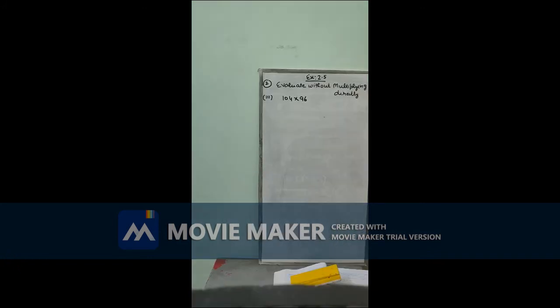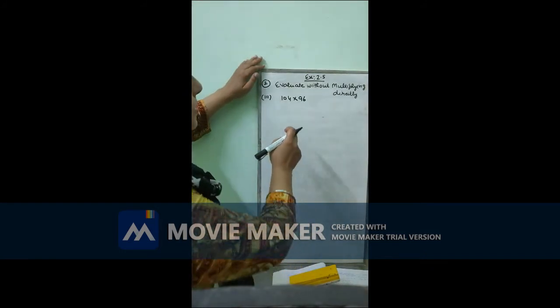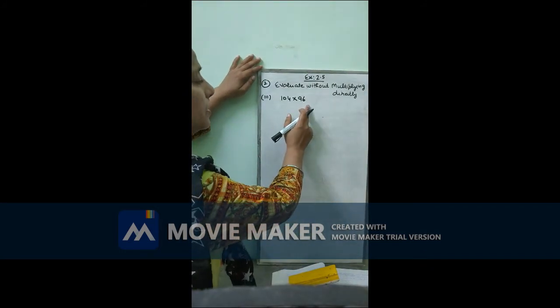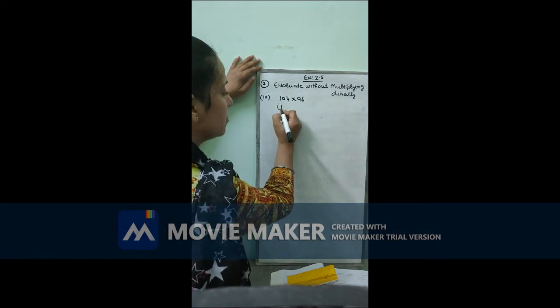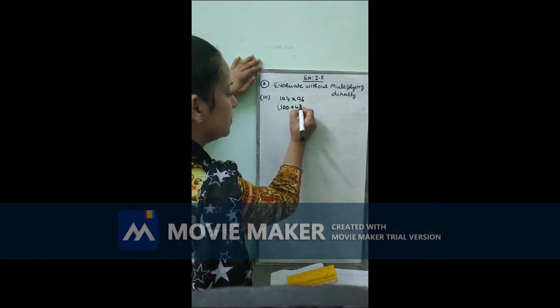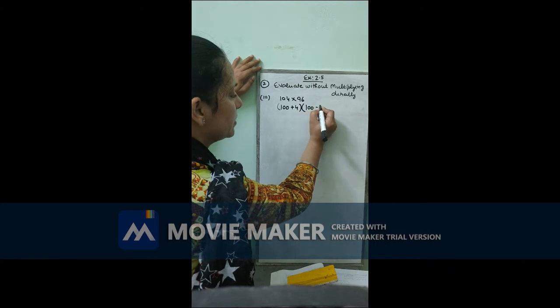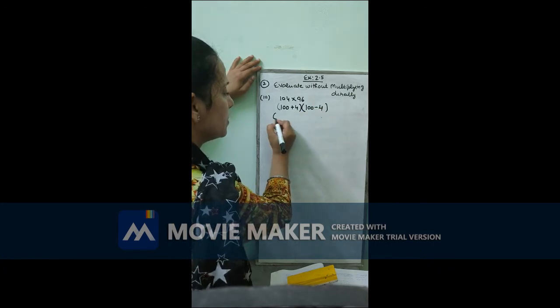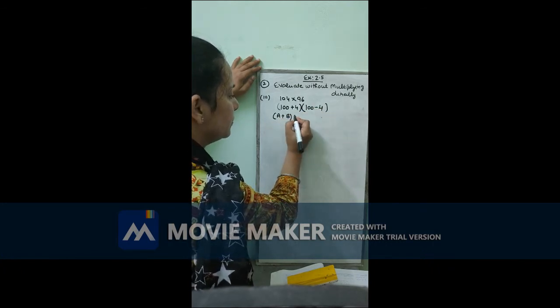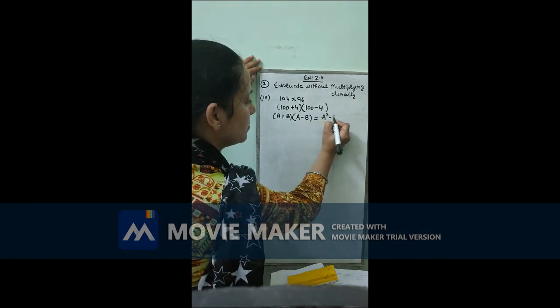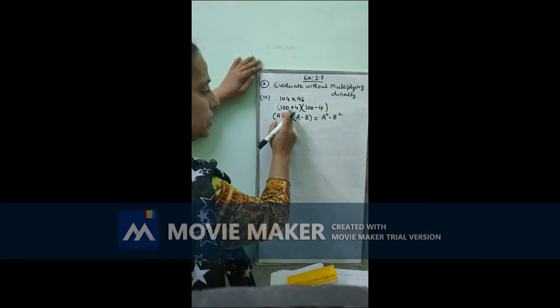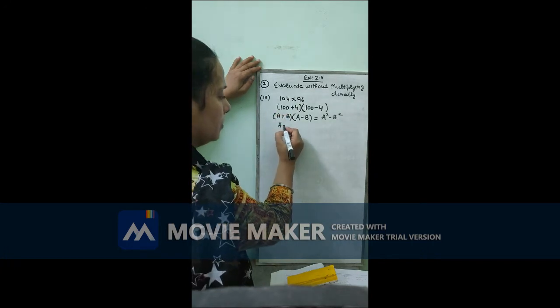Yes students, now we are going to discuss the third part of this sum, second sum, third part, 104 into 96. See, 104 can be written as 100 plus 4, 96 can be written as 100 minus 4. This is (a plus b) into (a minus b). Identity is a square minus b square. A is 100, b is 4.